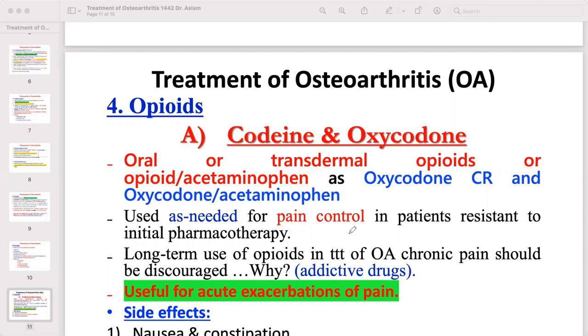Oral or transdermal opioids, or opioids in combination with acetaminophen, such as controlled-release oxycodone and oxycodone plus acetaminophen, are used in the treatment of osteoarthritis.